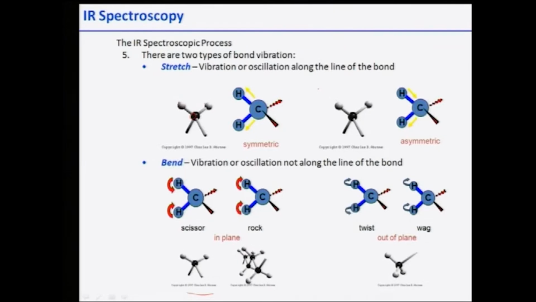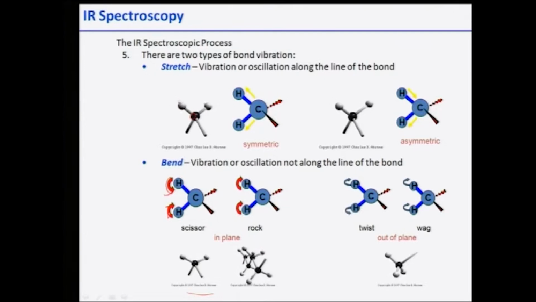Now you can have different kinds of bends. The one shown here is basically an in-plane bend. It can be either scissor type or rocking type. Scissor type means, in this case, both the hydrogen atoms are moving toward each other.